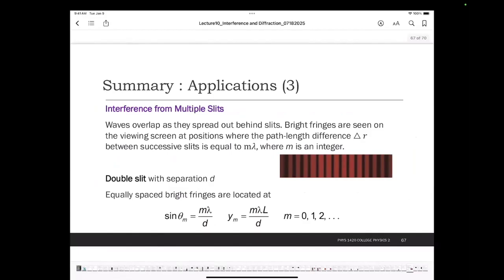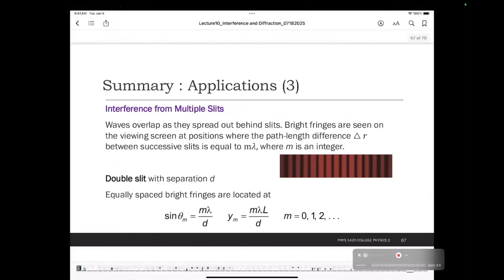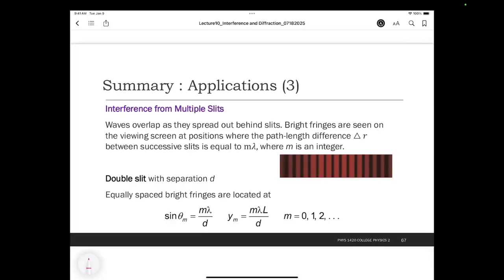Also, we learn some interference from multiple slits. Waves overlap as they spread out behind the slits.